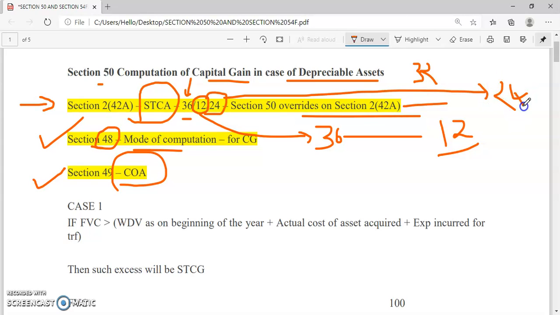So if it is land or a building or shares other than listed, and it is held for not more than a 24-month period, then it can be termed as a short term capital asset. So Section 50 overrides Section 2 subsection 42A. If anything is contrary in Section 2 subsection 42A with regard to Section 50, then Section 50 will prevail.